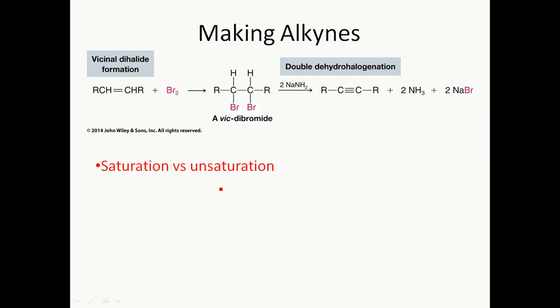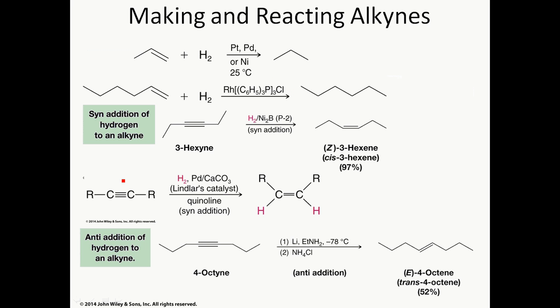And when we talk about making alkynes, what they talk about is this idea of vicinal dihalides. So you take an alkene, you add bromine across the alkene, you get two bromines. This is considered a vicinal dibromide. Then you use a very, very strong base, sodium amide, and you remove both of those through elimination reactions to get the alkyne. Okay, and it goes through the terminology of saturation versus unsaturation, so make sure you understand those terms as well.